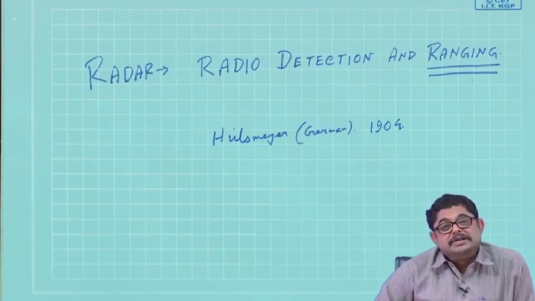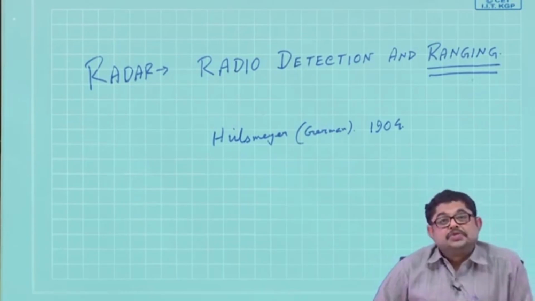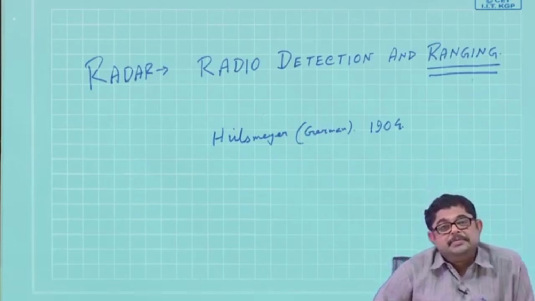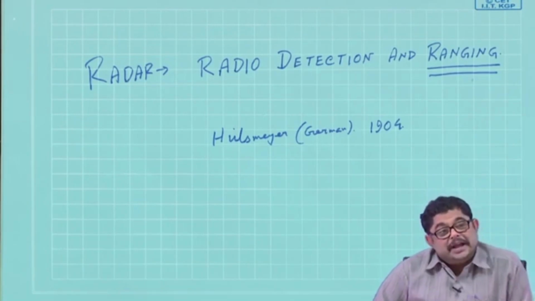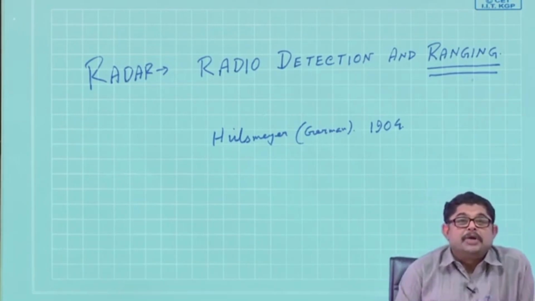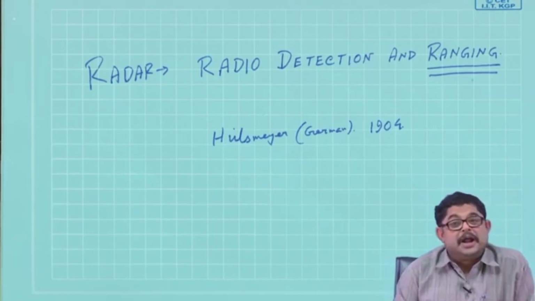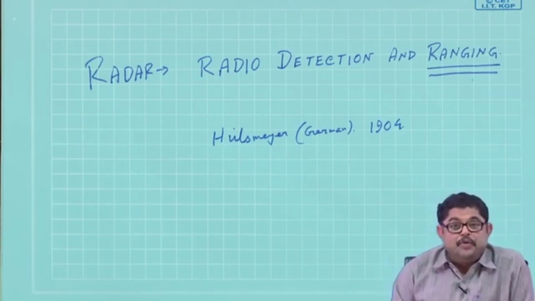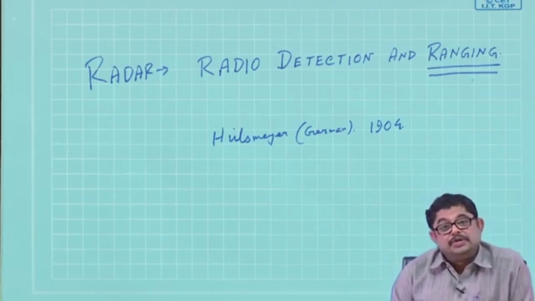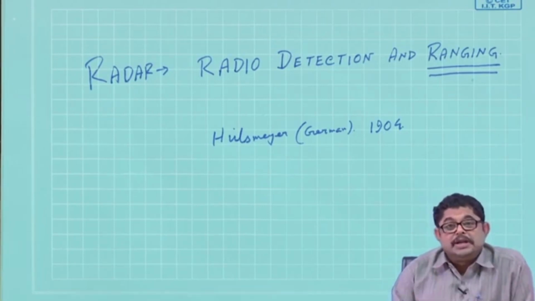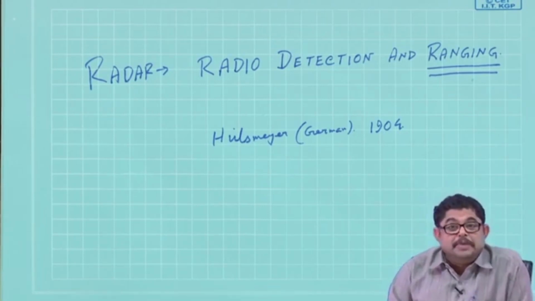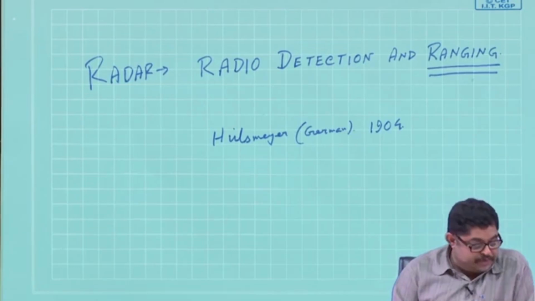The first person who understood the implication of this experiment was again a very famous name, Marconi, who was famous for understanding radio. He was also instrumental in understanding the implication of this for radar.